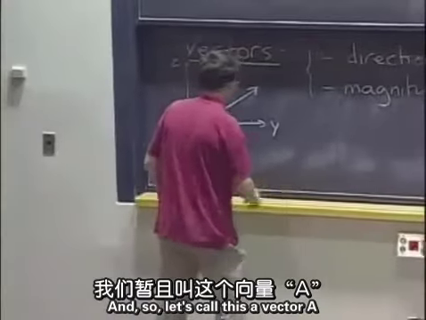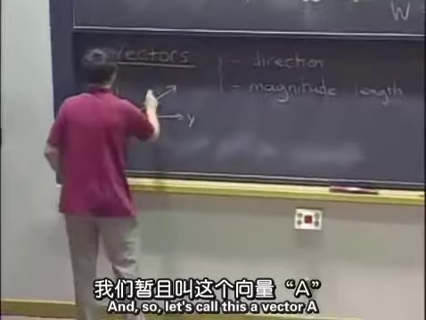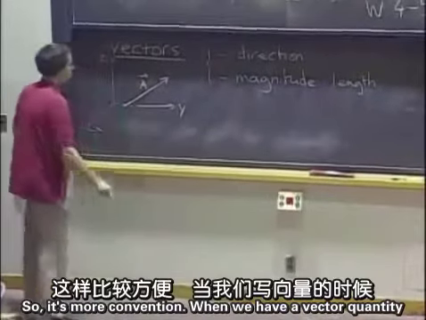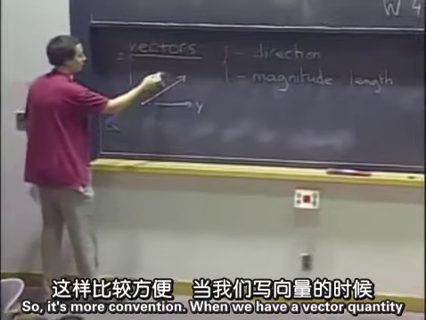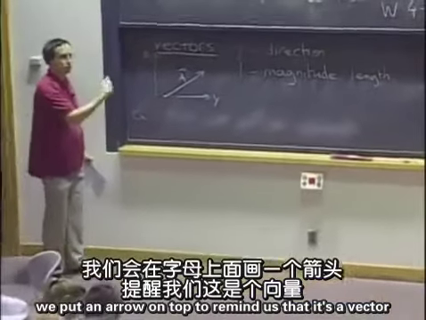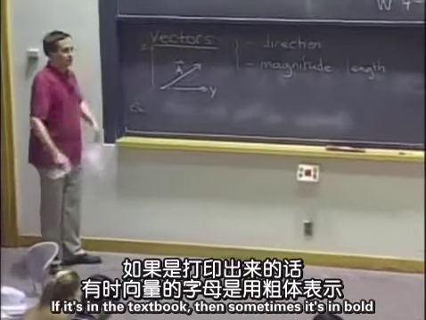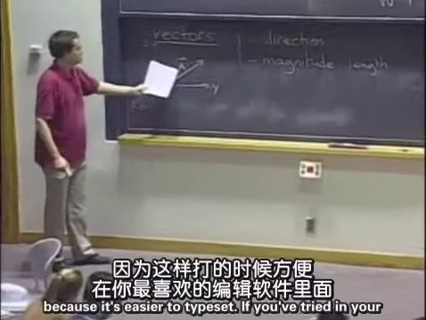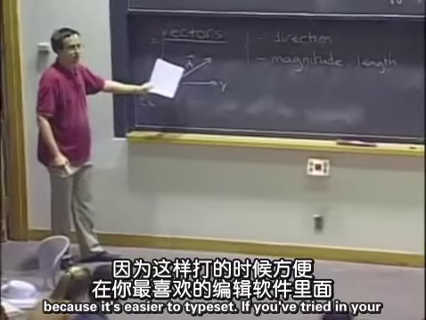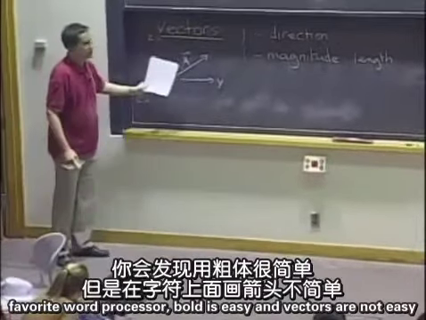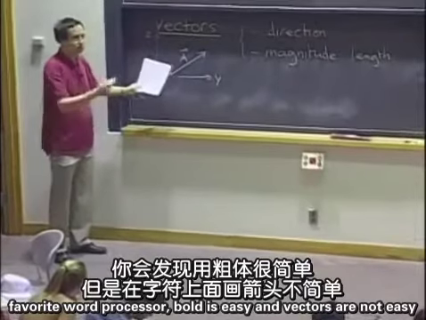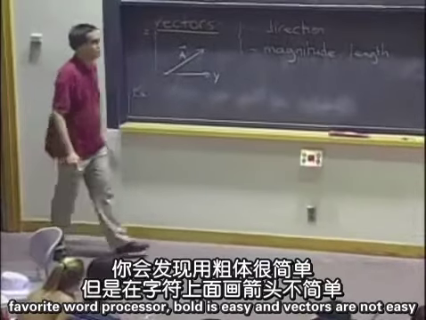For example, let's call this vector A. A small convention: when we have a vector quantity, we put an arrow on top to remind us that it's a vector. If it's in a textbook, then sometimes it's in bold because it's easier to typeset. If you've tried in your favorite word processor, bold is easy and vectors are not easy.